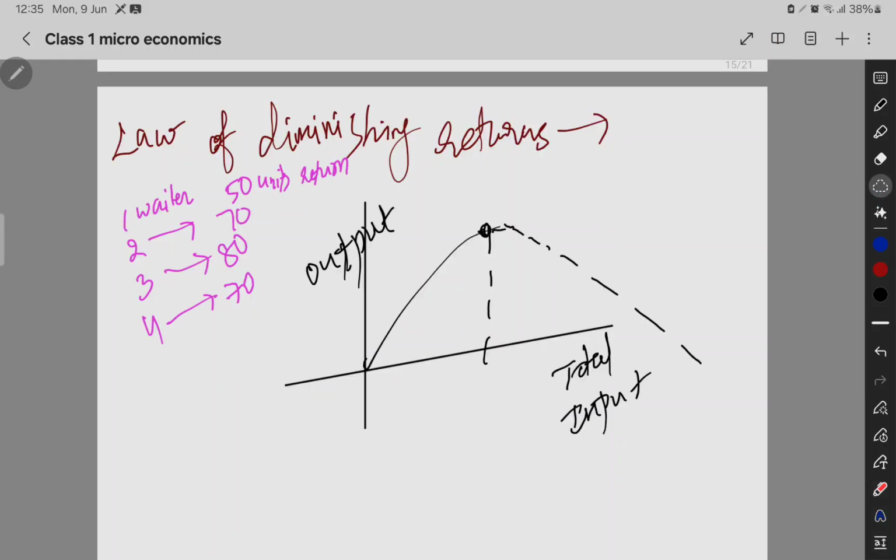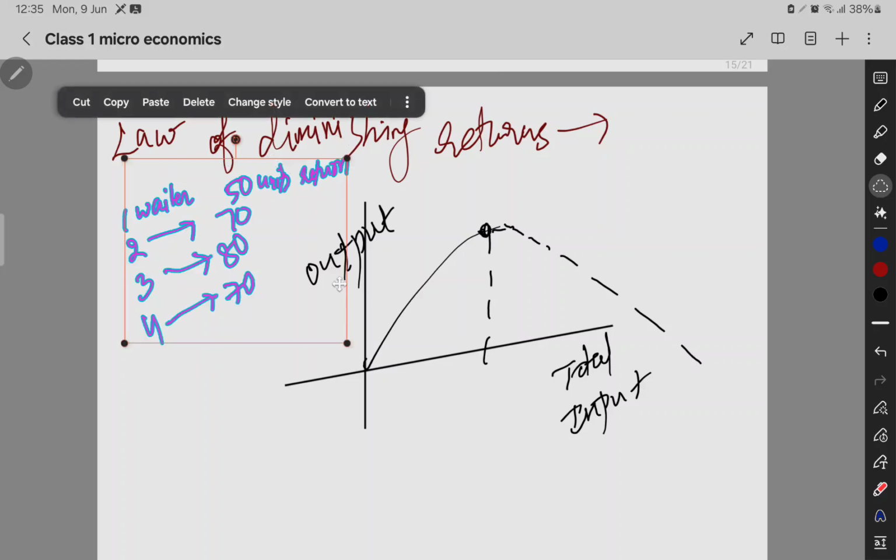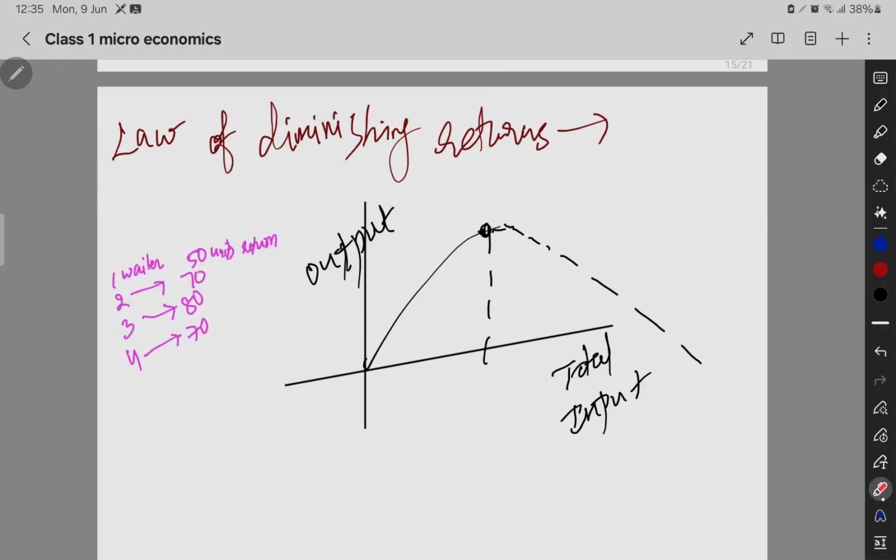What is the law of diminishing returns? See, in economics, whenever you increase input, the output increases. If you hire more workers, your restaurant's output will increase, but the number of workers should have a limit. Suppose at your restaurant a maximum of 5 workers can work, and when you have hired 5 workers, the output is maximum. But what if you add 2 additional workers? They are extra, unnecessary.